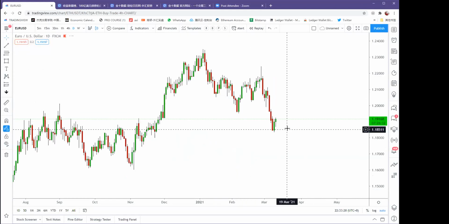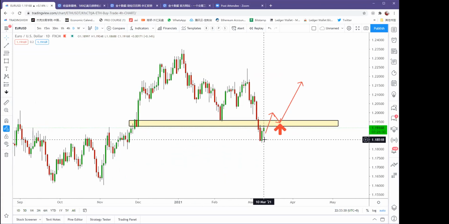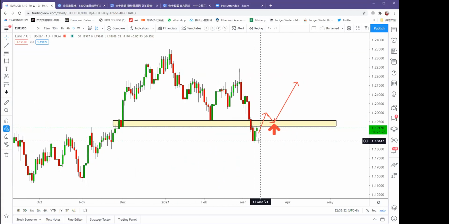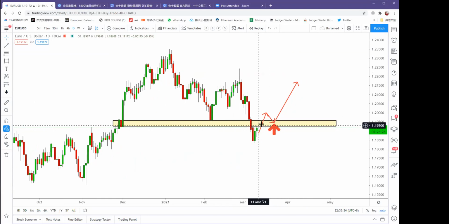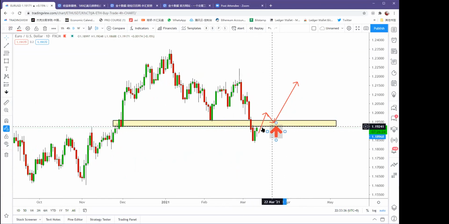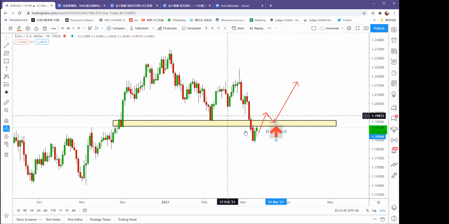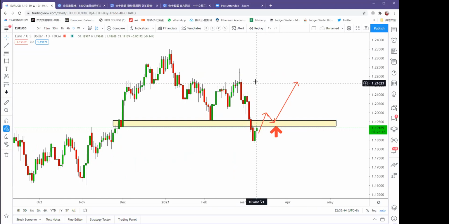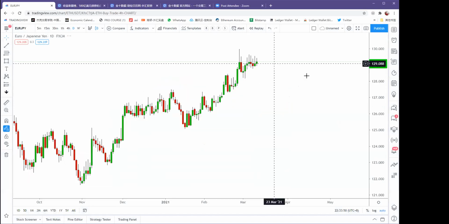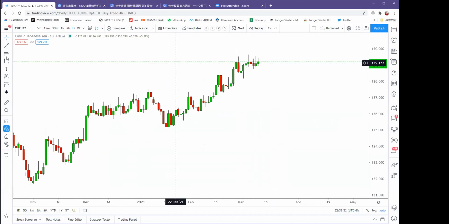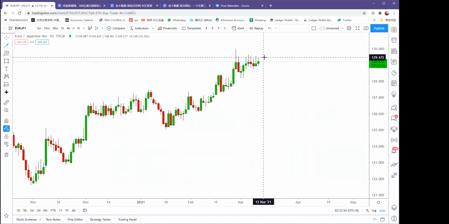The euro right now bounced from 1.18, but faced a very strong resistance at 1.219. So the euro is weak. Euro breakdown. Dollar yen is at a high place and is likely to go down as well. So for euro yen, what we want to find is definitely a sell.